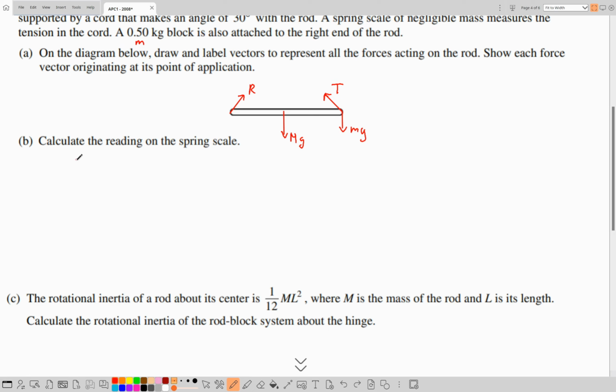Then let me say that the net torque equals 0, and this is because of the rotational equilibrium. And now we're going to apply it about which point?